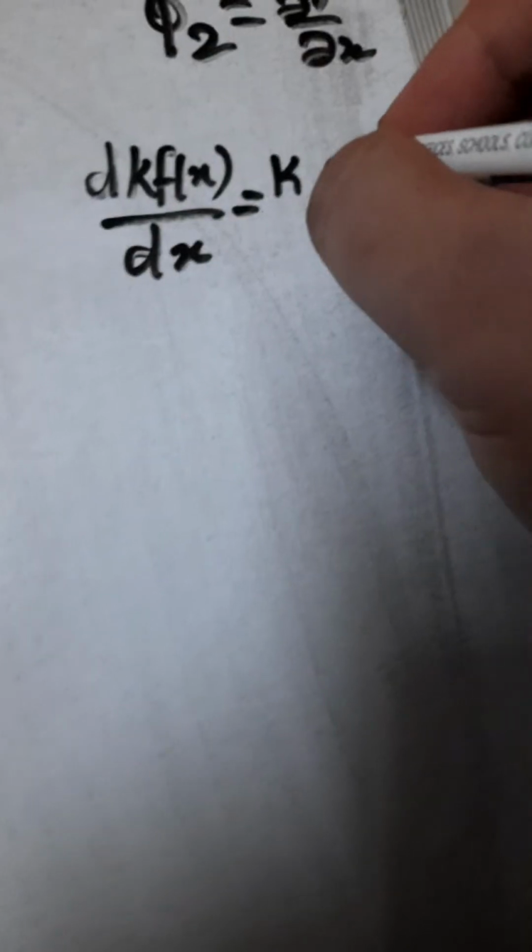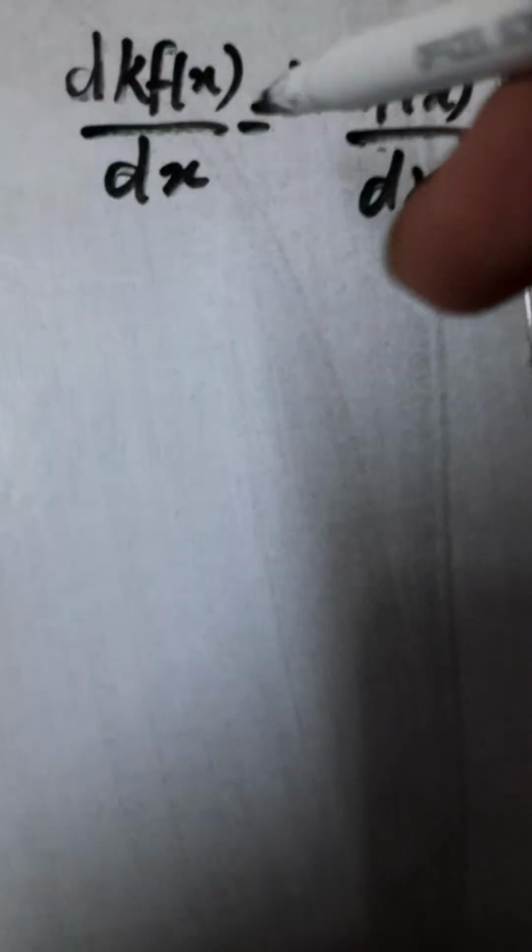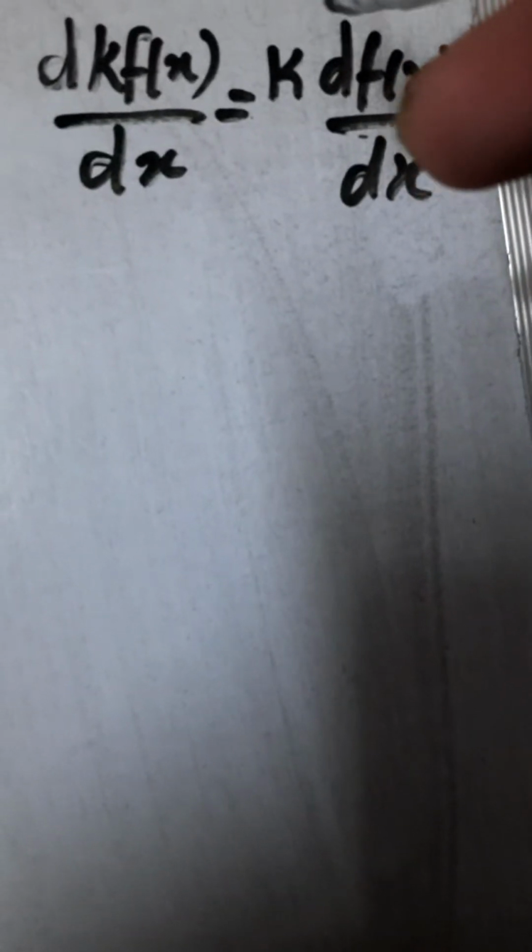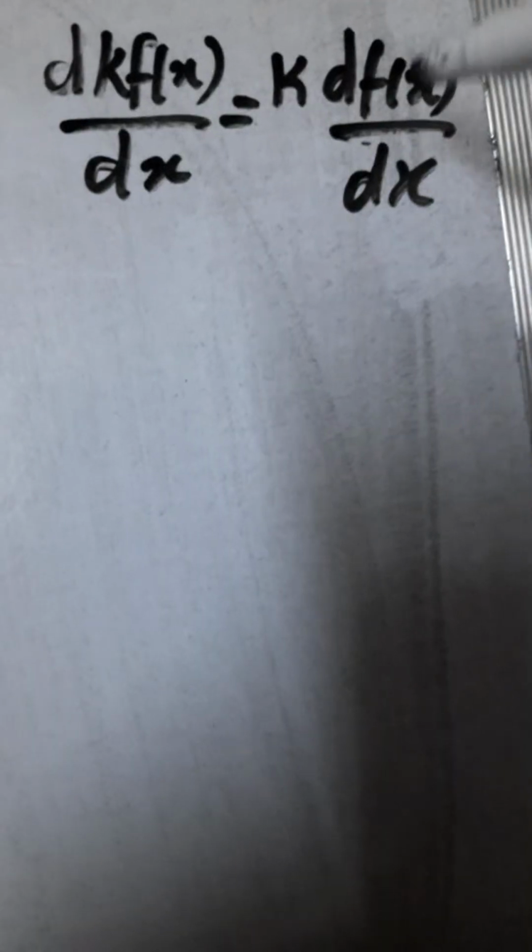Let k be a constant, d of k f of x by dx equals k df of x by dx. If it is a coefficient times a variable, you take the derivative, the coefficient can be taken out and multiplied after you have taken the derivative of the function directly.